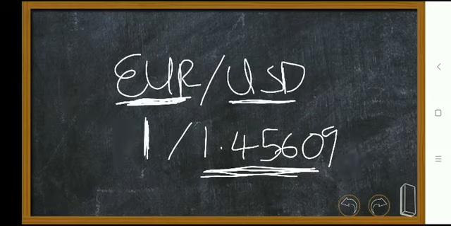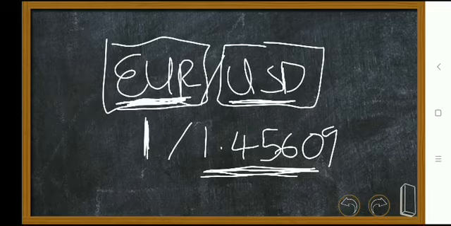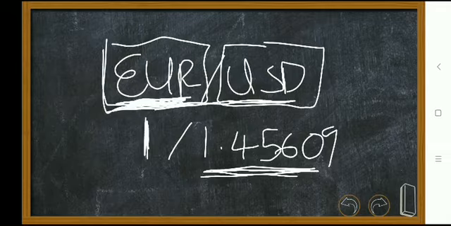So remember, this is the quotation. The quote is a quotation for the base. And you always have to remember, like I said, the base is the one which controls the overall direction of the entire pair.